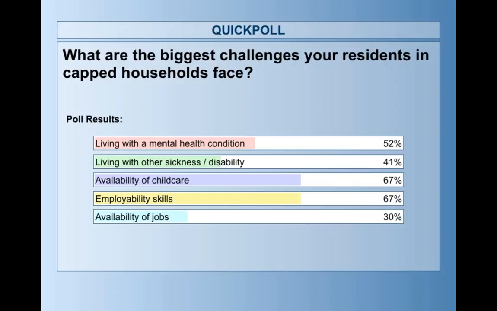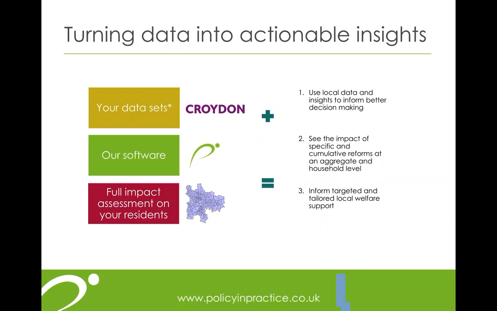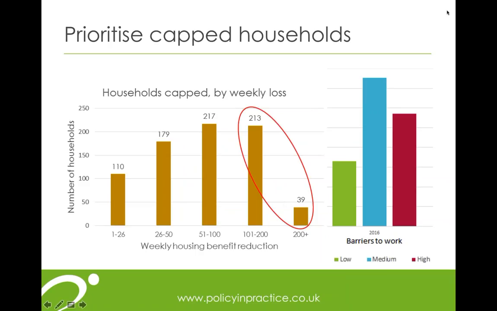Through that, we've been able to model using our software the cumulative impact of welfare reform on each one of those individual households, so you can see how each household is affected. And then we've been able to show the full impact of all of these welfare reforms combined, and focusing specifically on the benefit cap as well, what impact that's having on residents.